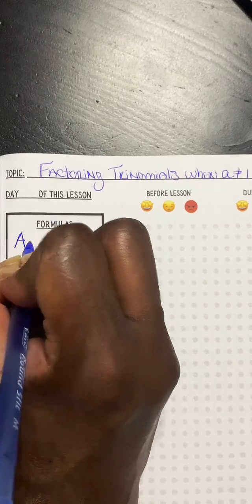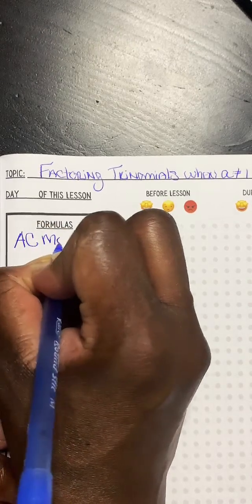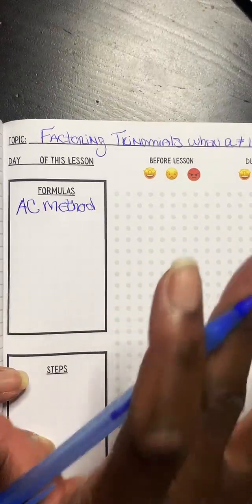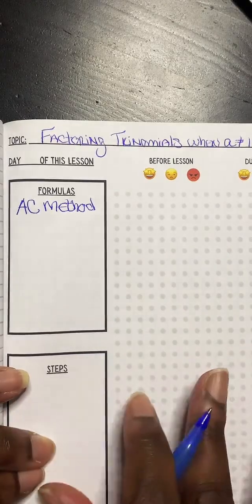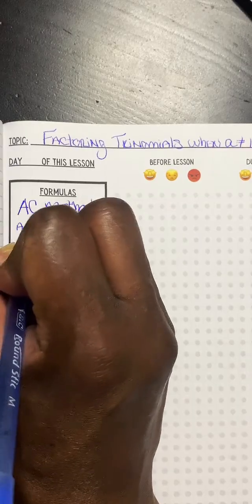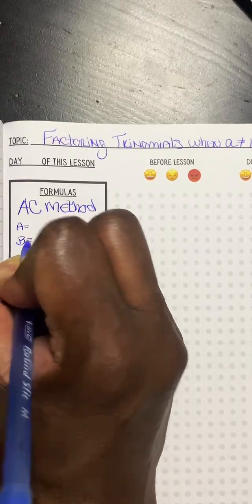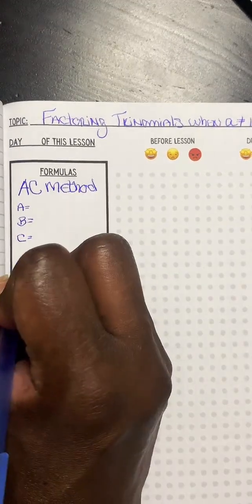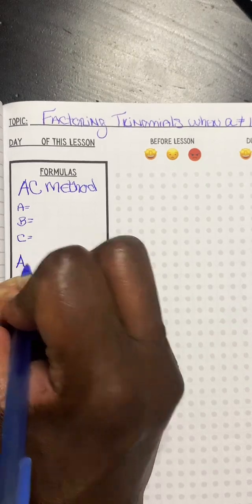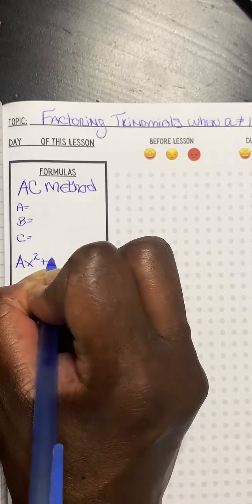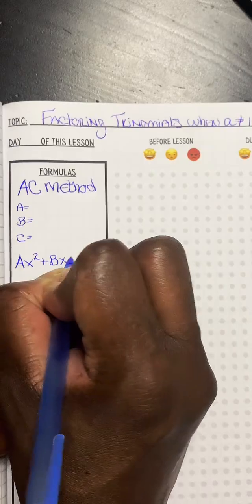All right, so we're going to do what's called the AC method. We basically were doing it, but I wasn't promoting it as such because I tried to keep things simple. Now with the AC method, first we're going to list out what our A, our B, and our C is. Okay, and that's all going to be based on our standard form. You ever heard the standard form? So we have ax squared plus bx plus c.